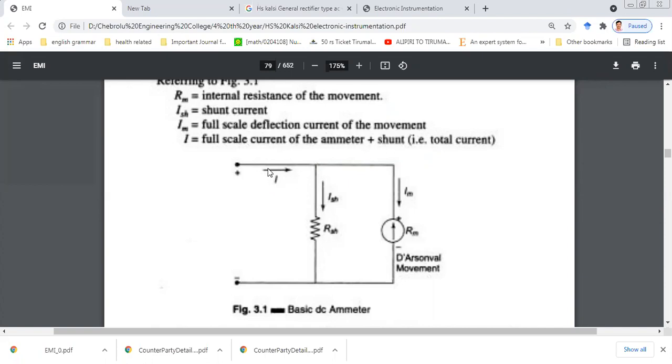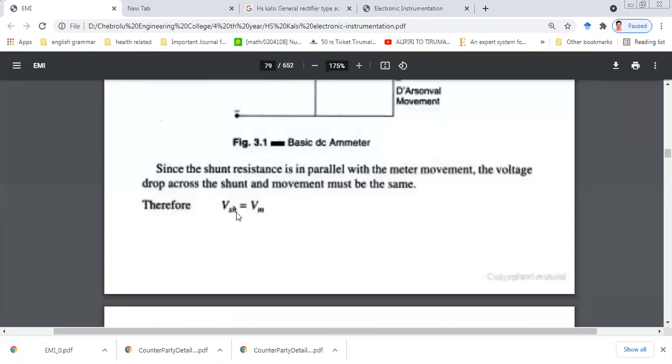So this current I is equal to the sum of both ISH and IM.